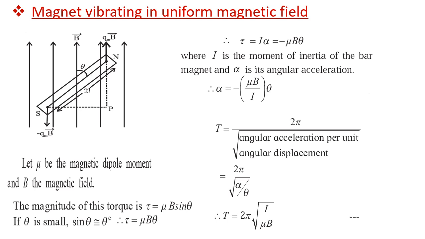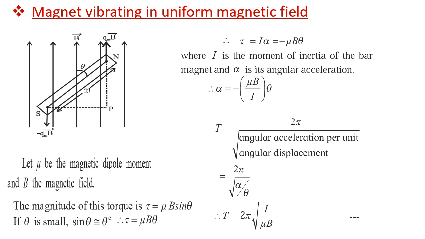Now if the deflection given to the small bar magnet in the magnetic field is very small, as per the trigonometric relations, if theta is small, sine theta will be almost equal to theta, and hence we can write torque is equal to mu into B into theta. Also, from rotational dynamics we know that torque is equal to I alpha.